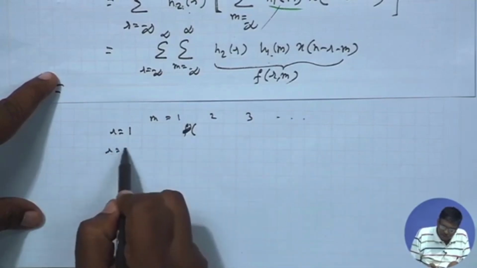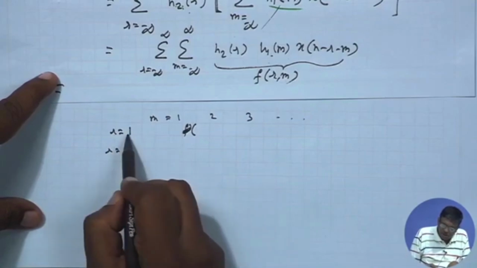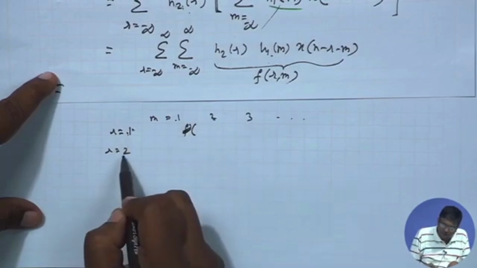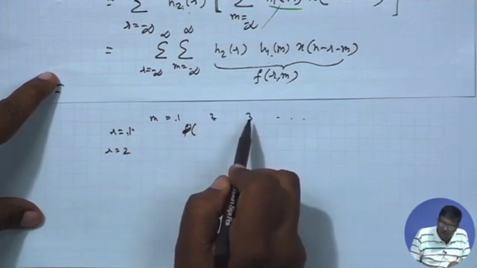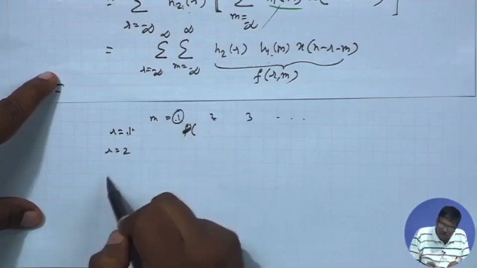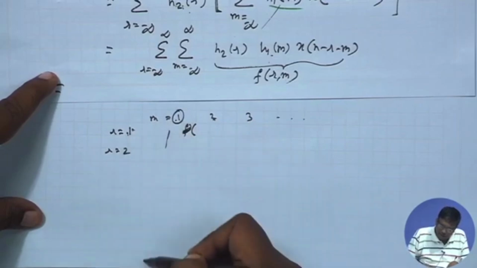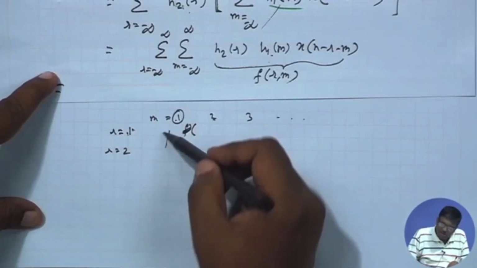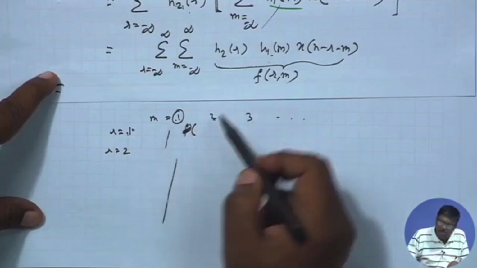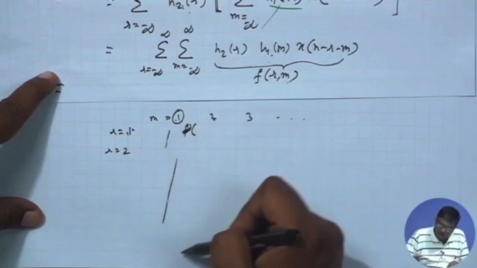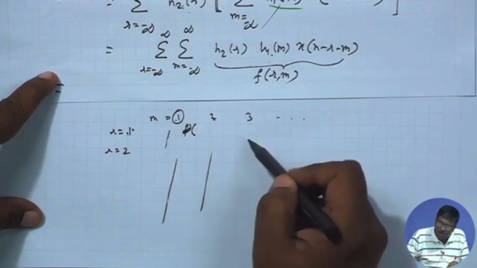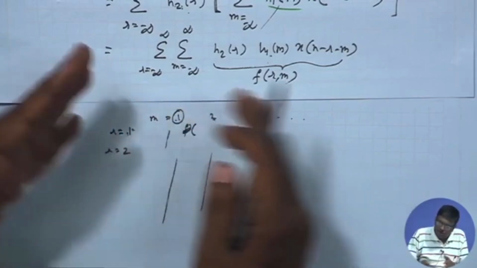Then again r equal to 2. So r equal to 1, you get (1,1), (1,2), (1,3) like that. Then again for r equal to 2, (2,1), (2,2), (2,3) like that. Instead, you can hold m equal to 1 first and vary r over the entire range, then take the next value of m and vary r over the entire range, then the next value of m and again vary r over the entire range. You will cover the same points only.